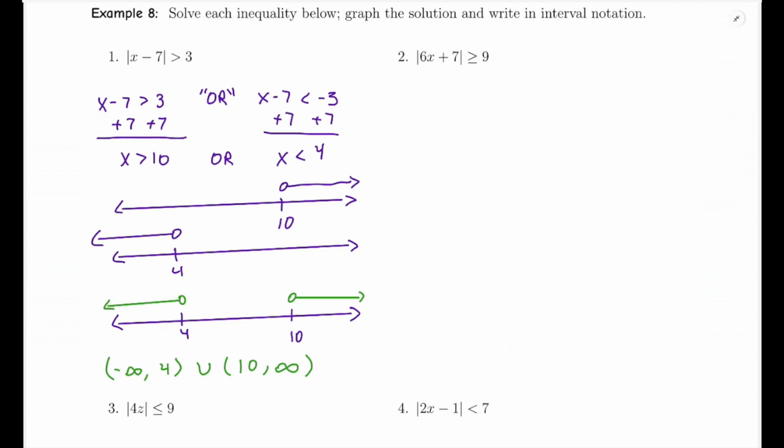Part number 2. Again, it's going to be 6x plus 7 is greater than or equal to 9, or 6x plus 7 is less than or equal to negative 9. And now we're going to go through and solve these separately.